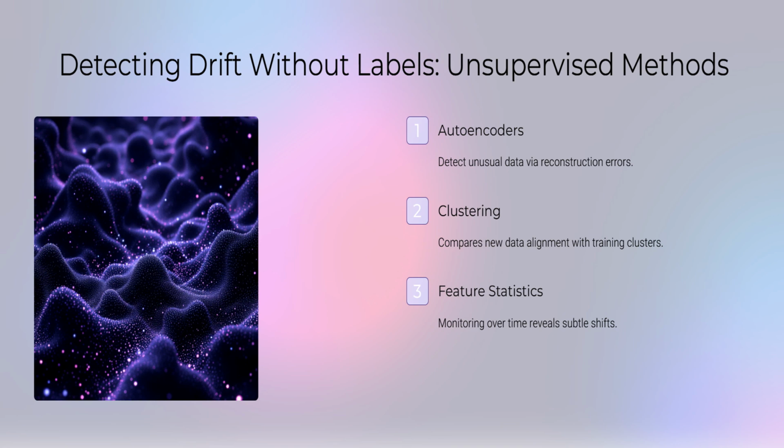Clustering: new data is compared to the clusters formed during training, and misalignment indicates potential drift. Feature statistics: continuously monitoring simple statistics like mean, median, and variance of features over time can reveal subtle distribution shifts.